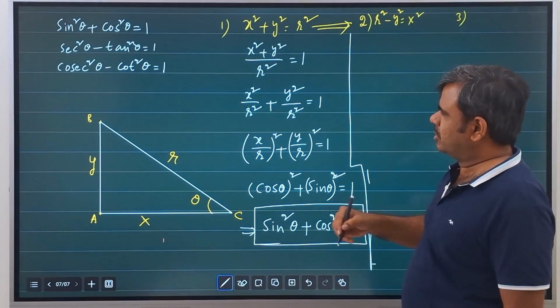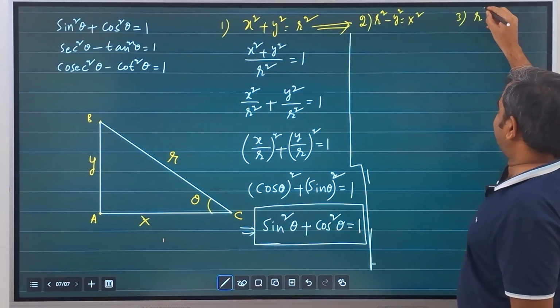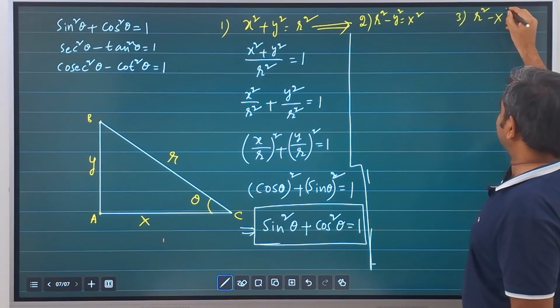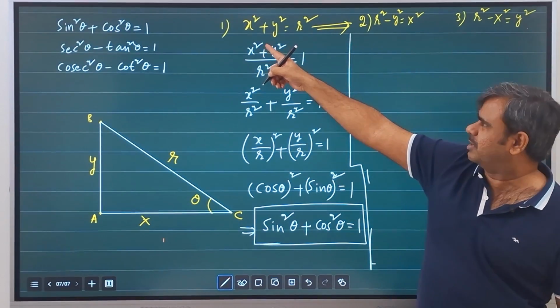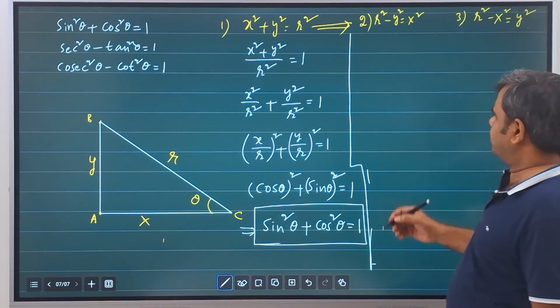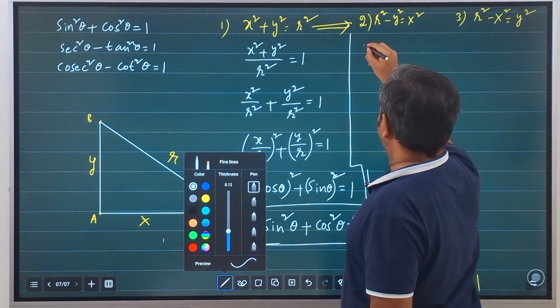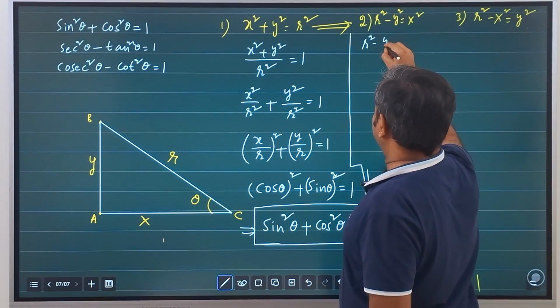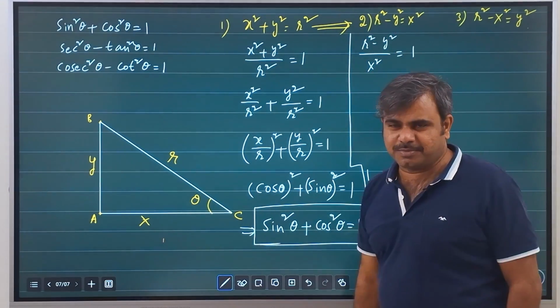Similarly, to derive the third identity, we can write r square minus x square is equal to y square. The same Pythagoras theorem equation. Okay, here we can write r square minus y square divided by x square is equal to 1.